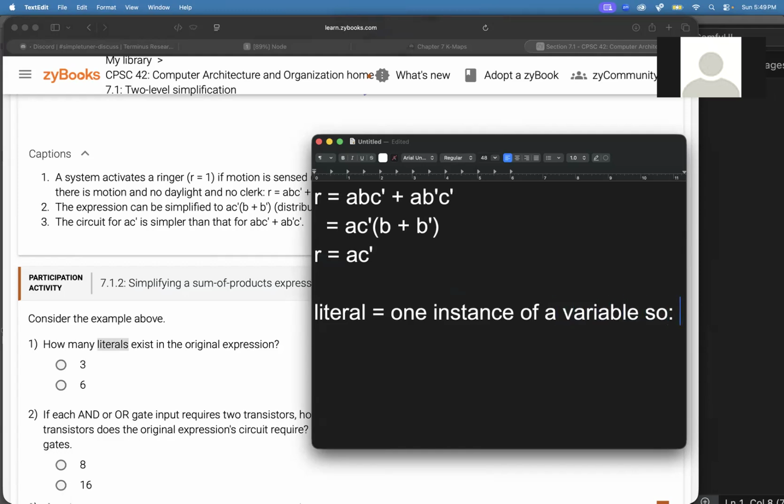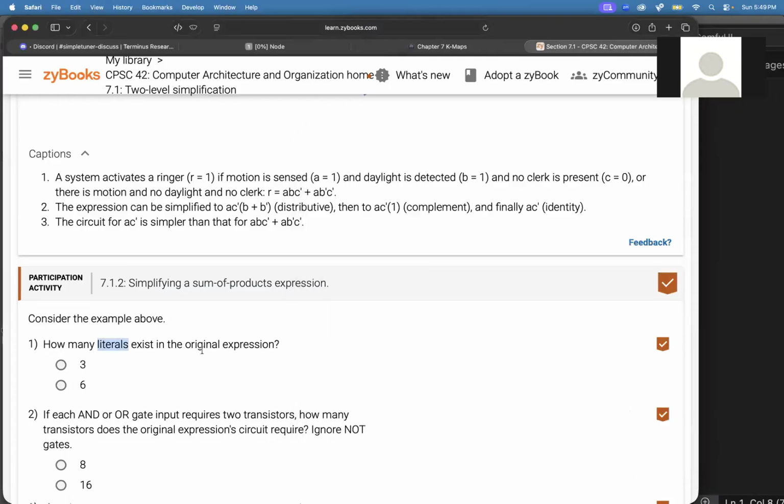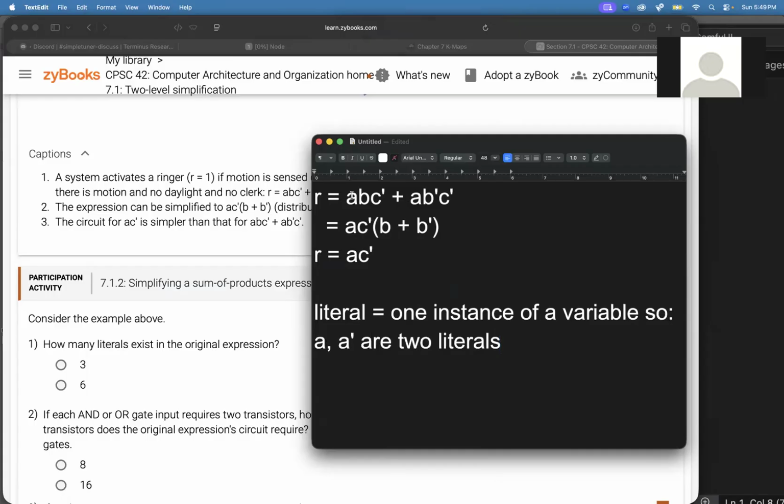For example, A and not A, those are two literals. If it asks how many literals exist in the original expression, there's one, two, three, four, five, six, basically six variables in there if you count the A and the not A as separate.